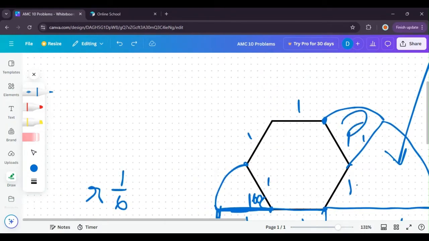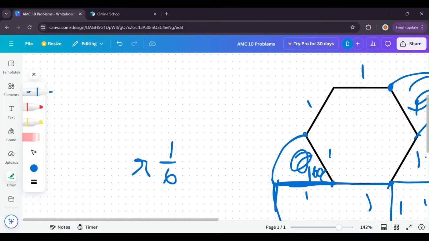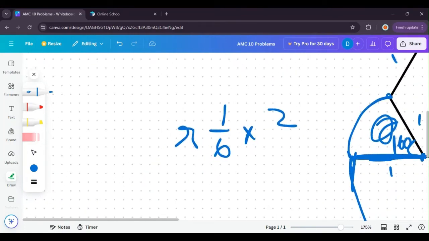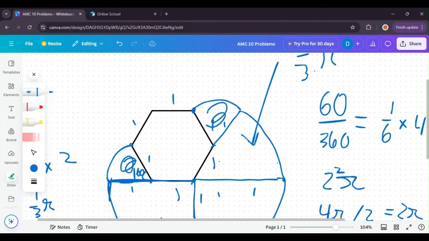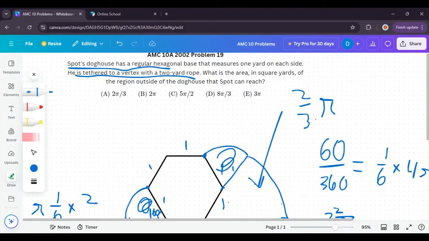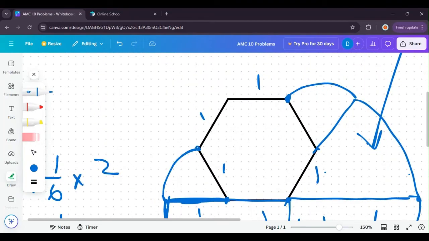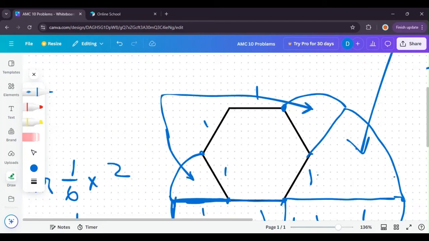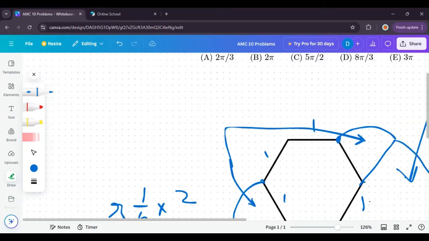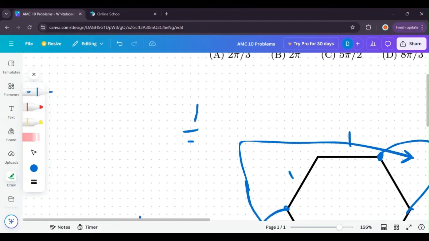Because there are two of the same, we multiply by 2, giving 1/3 pi. So the area of these two parts of a circle with a radius of 1 is 1/3 pi.